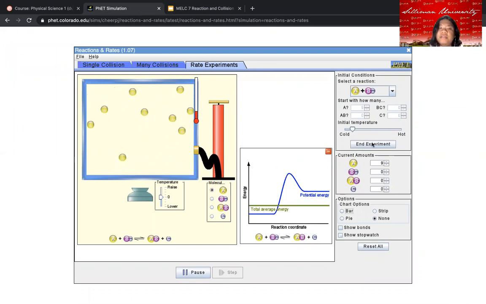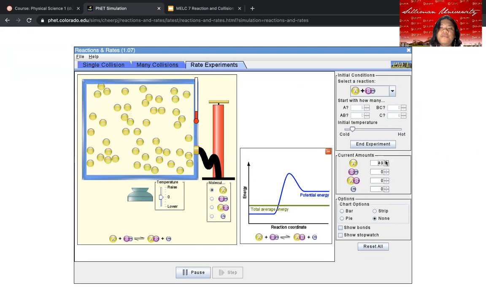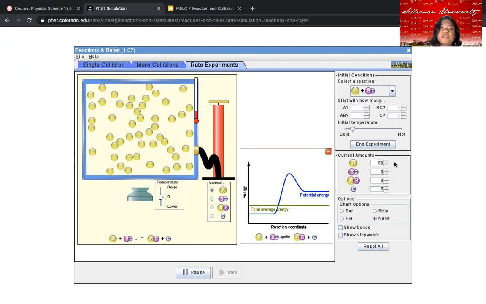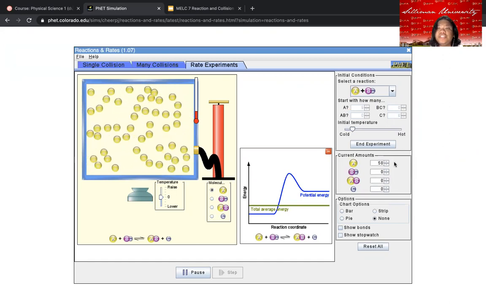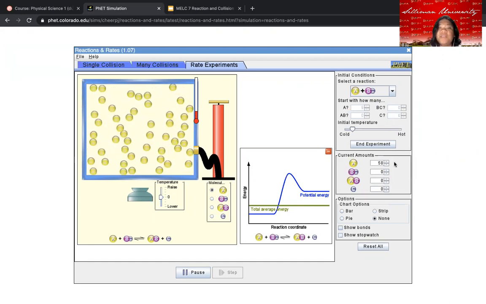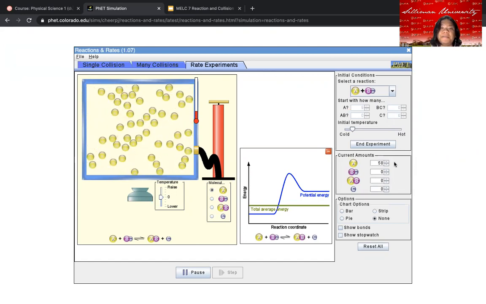And then we will add more particles, from 9 to say 50 particles. You will observe that there will be a faster collision and therefore a faster reaction in your system.